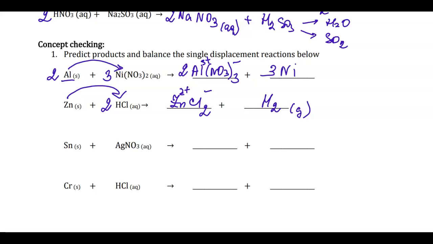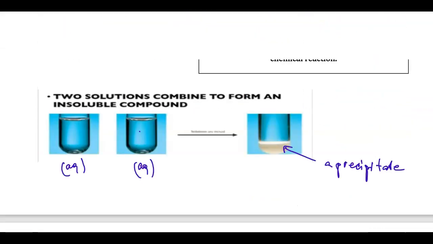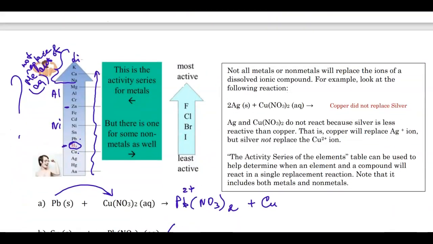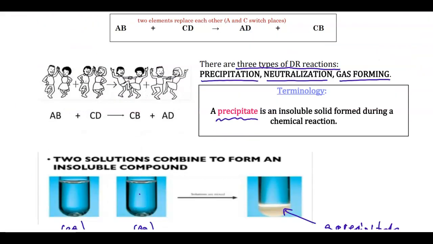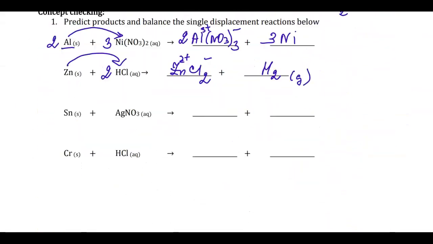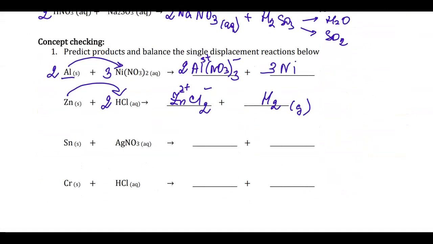Okay, Sn and silver nitrate goes again here. We have Sn here and silver here, right? So that means that silver is less reactive. The reaction is possible.